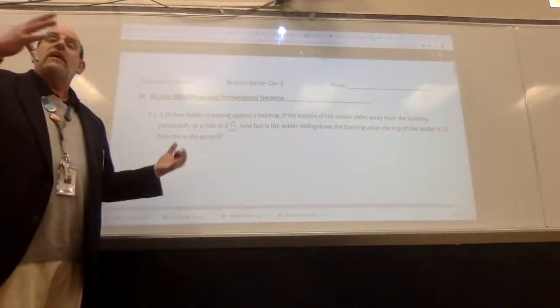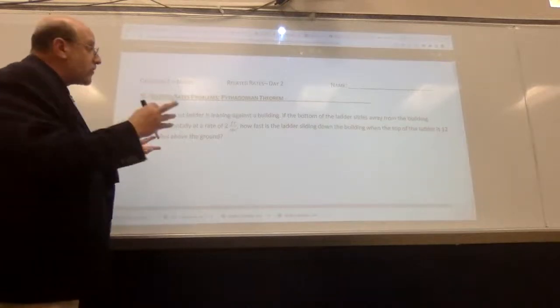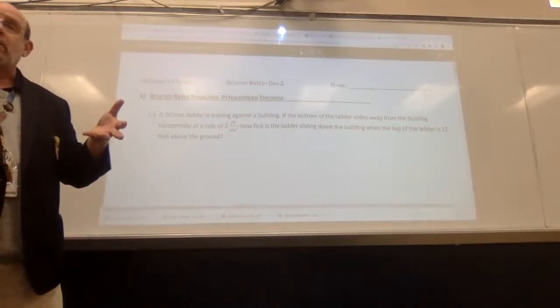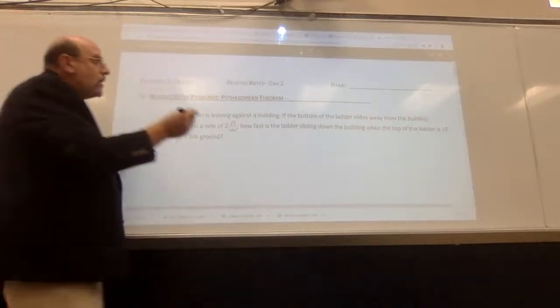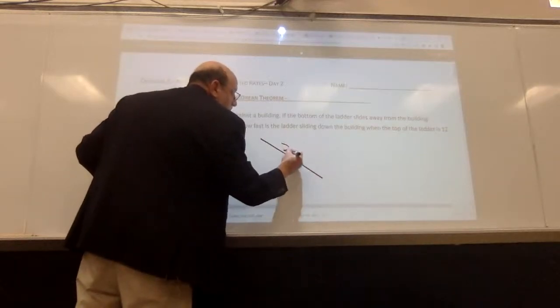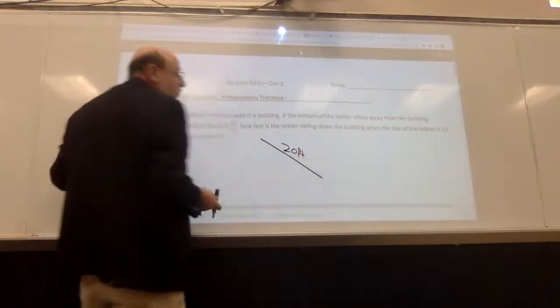Right? So they're giving you some information. And being able to access and put this information together is probably the most difficult part. We know, super simple, the ladder's 20 feet long.